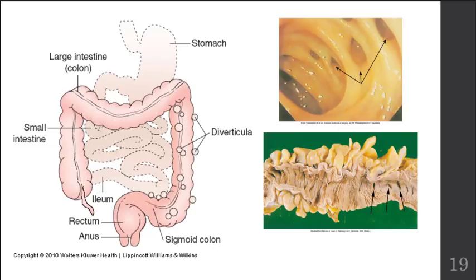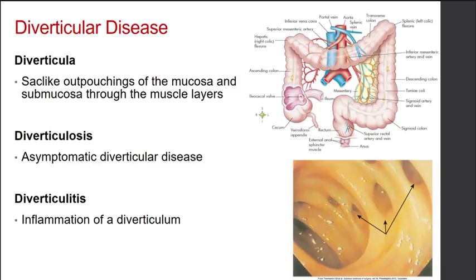So if a substance gets trapped in there or obstructs that region, then it can promote inflammation and it could even lead to infection. And diverticulitis is a very painful and uncomfortable experience for those that suffer from it.